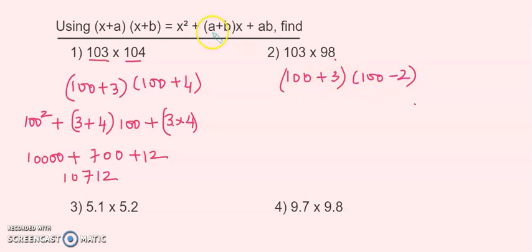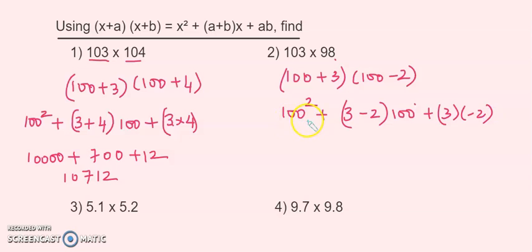Right? Again, in place of the above formula, it's x plus a into x minus b. So it's 100 squared plus a is 3, our b is minus 2, multiplied by 100, plus 3 with minus 2. So x square plus a plus b x plus a into b.